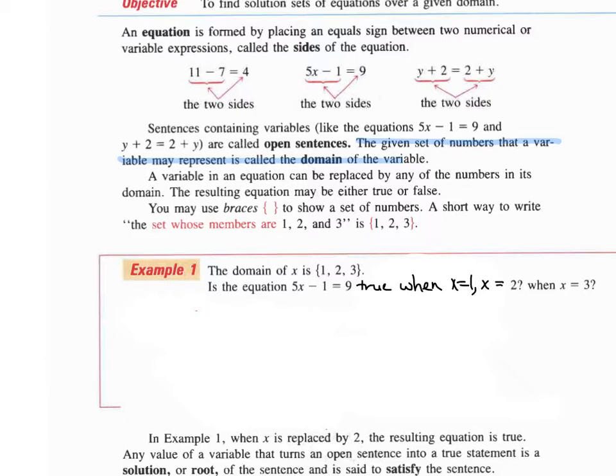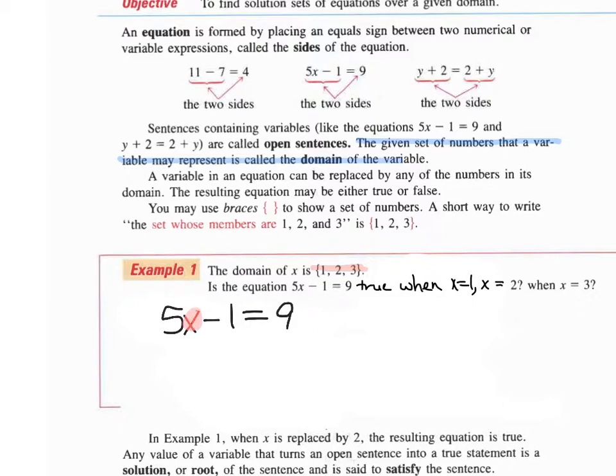Right now, they're not officially teaching you how to solve equations, and I know you've probably seen it in middle school, but what they want you to do is take each one of the numbers in this domain, replace the variable x, and do the problem until you find the one that works. So for example, if I take my equation, 5x minus 1 equals 9, I'm going to take out the letter x.